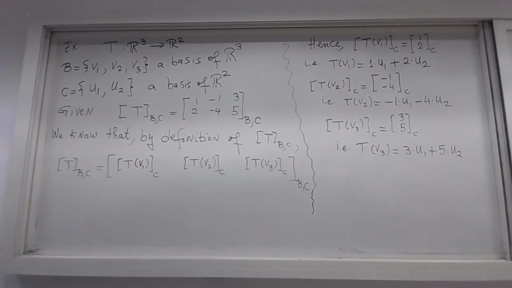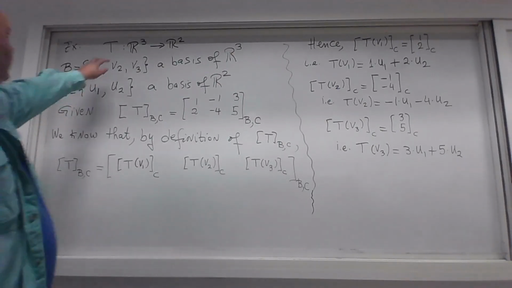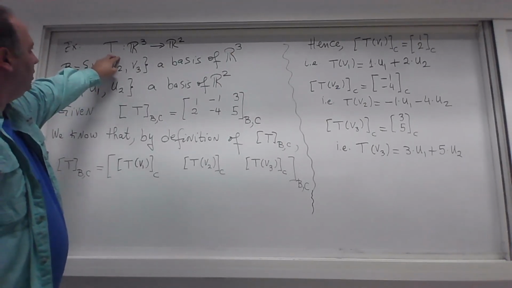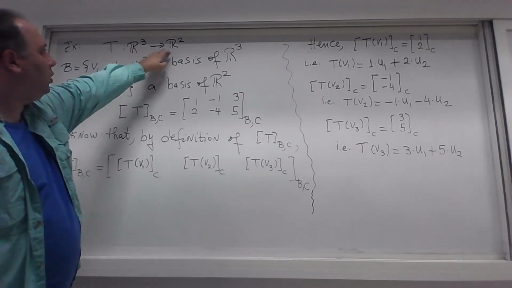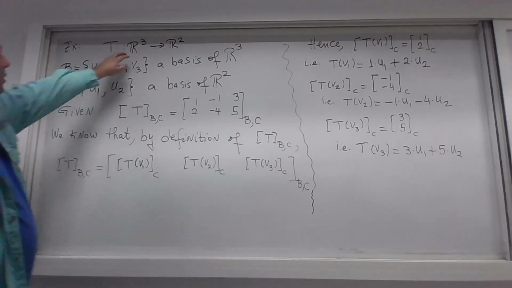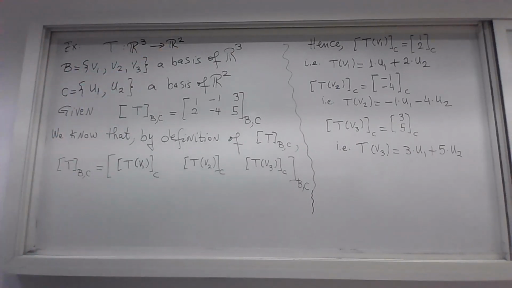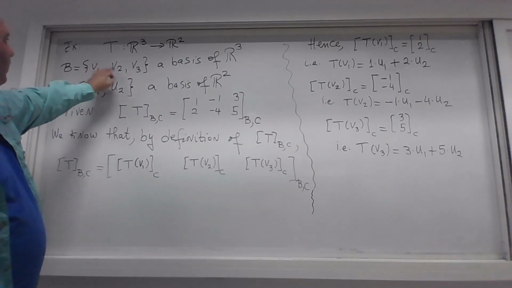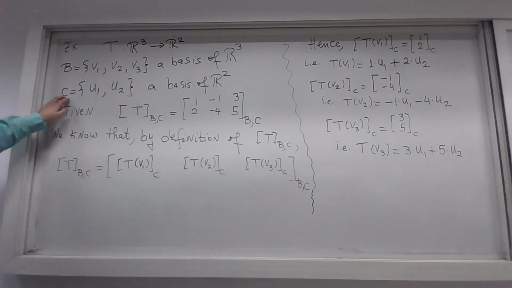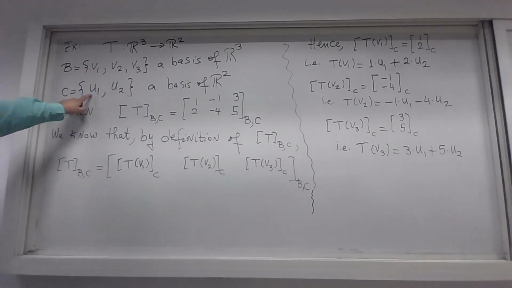A last thing, just to make sure we fully understand what's going on. Let's say I have a linear transformation T that goes from R3 to R2. So the domain is R3, the input space, and the codomain is R2, the output space, and I have basis B for R3, given by some vectors V1, V2, V3, and I have a basis C for R2, given by vectors U1 and U2.